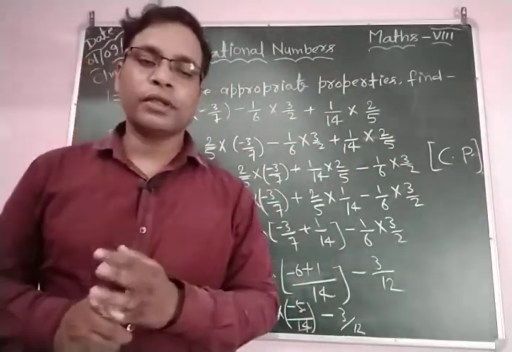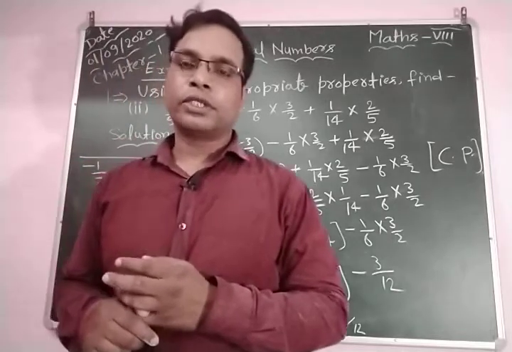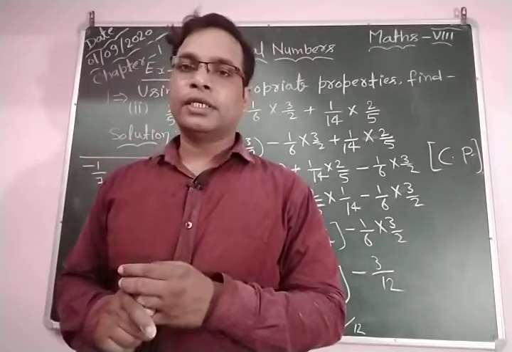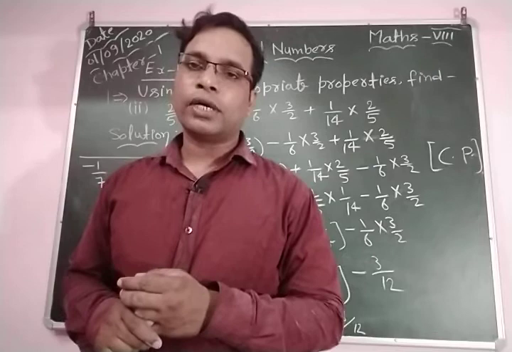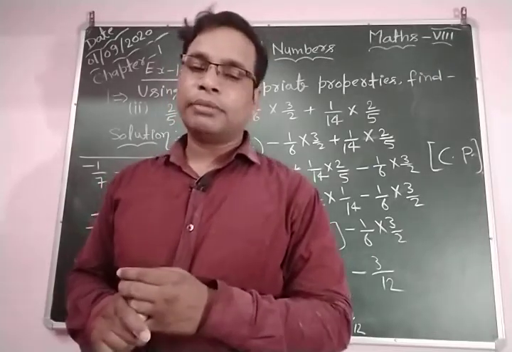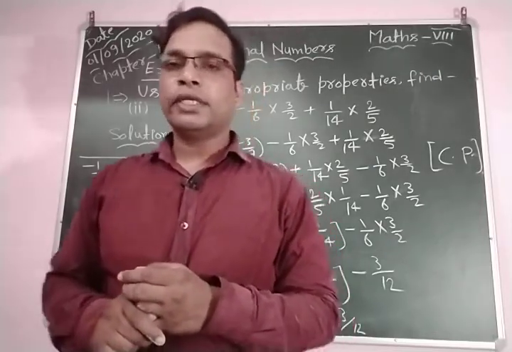Now we are going to discuss question number 2 of this exercise 1.1. Question 2: write the additive inverse of each of the following. Okay, so what is the additive inverse?